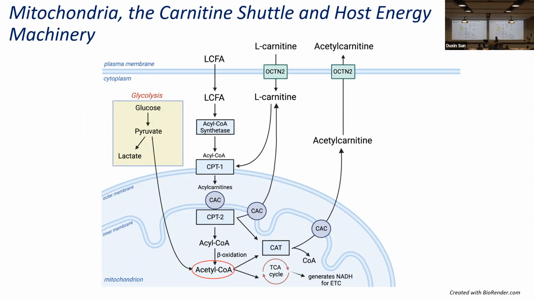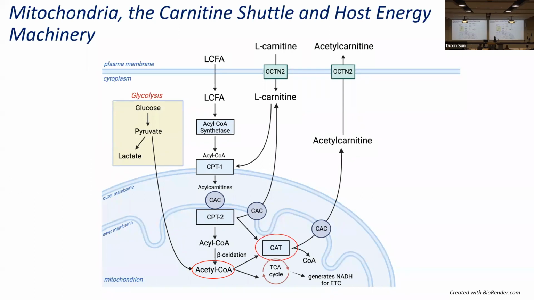So it's possible that in the presence of L-carnitine, this drives the formation of acetylcarnitine through the carnitine acetyltransferase pathway. Acetylcarnitine is then shuttled back out into the systemic circulation. It's in equilibrium with L-carnitine. It gets converted back to L-carnitine, and it starts all over again. This is an important metabolic mechanism for long-chain fatty acid metabolism.